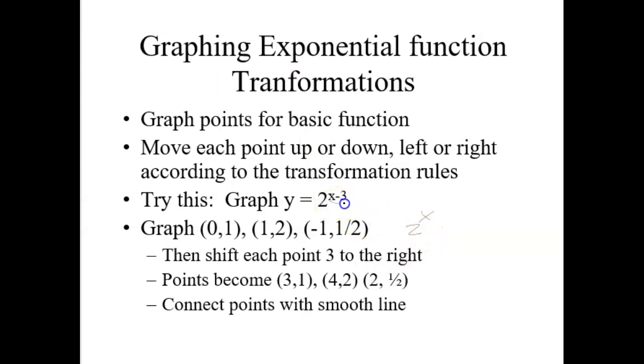Now, I look at 2 to the x minus 3, and I say that moves my function 3 to the right. Moving to the right means I add 3 to the x's. So, if I'm adding 3 to the x's, this 0 becomes a 3, this 1 becomes a 4, this -1 becomes a 2. These are the points on the graph of my function that I've been given.